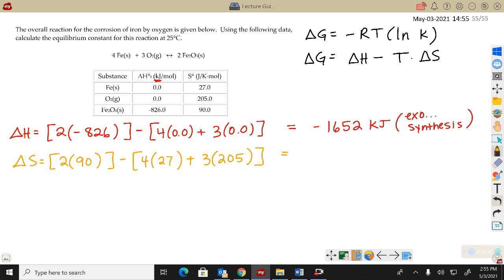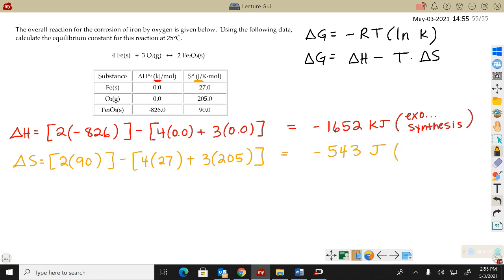All right, so plug all this in, and this time my final answer is going to come out in joules. Let's see, what do we get here? Negative 543, and that's in joules, or I could say joules per mole Kelvin.